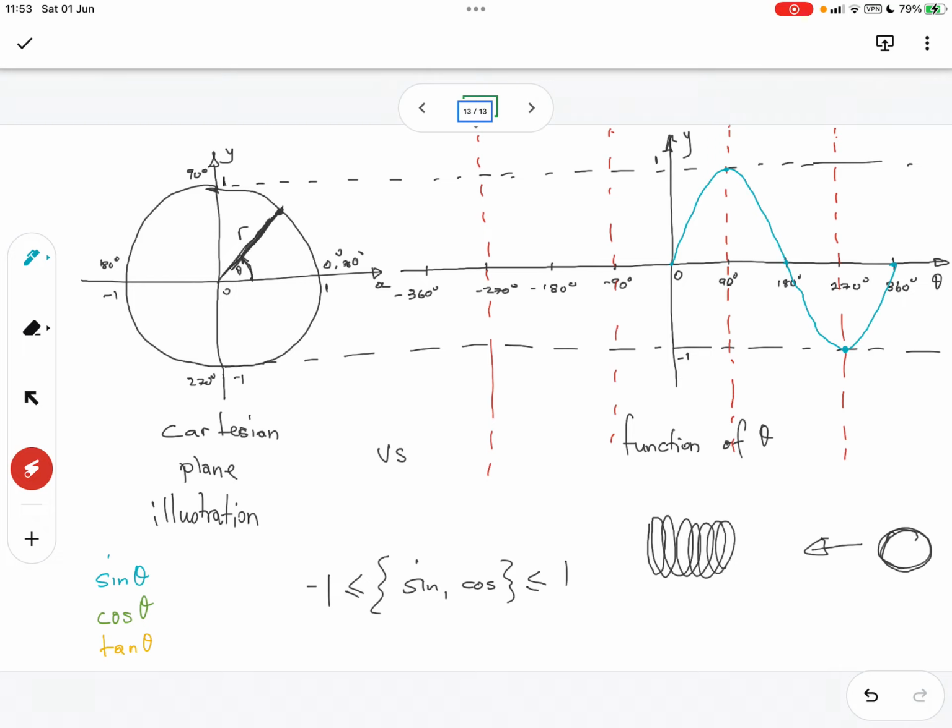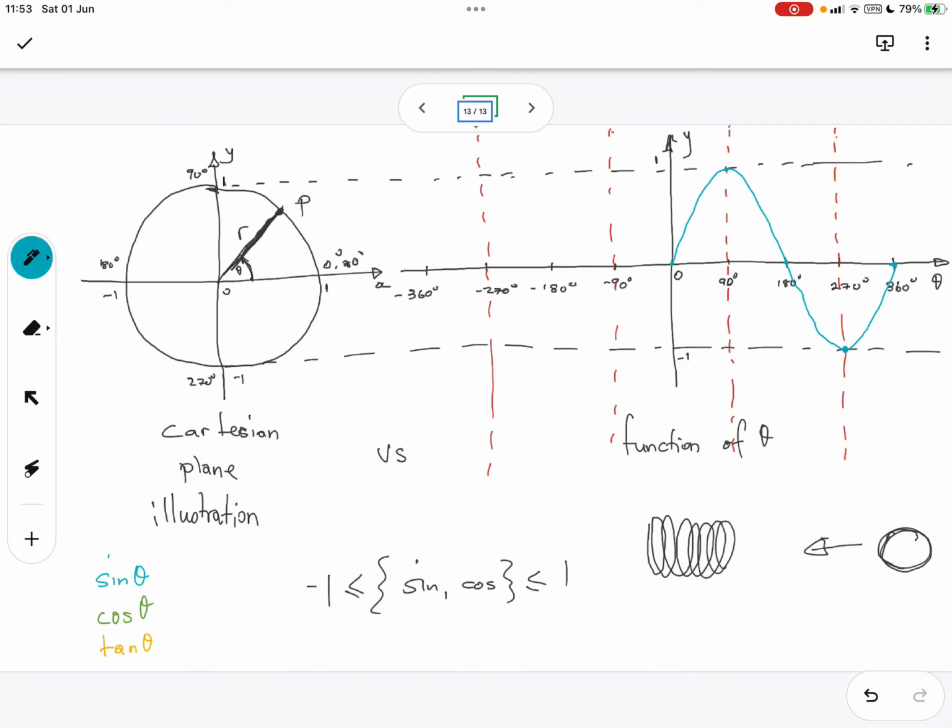Then the same graph in the negative, when we follow the path of the point P. When we follow its trajectory in the opposite direction, it goes from 0 degrees to negative 90, to negative 180, to negative 270, to negative 360 degrees.